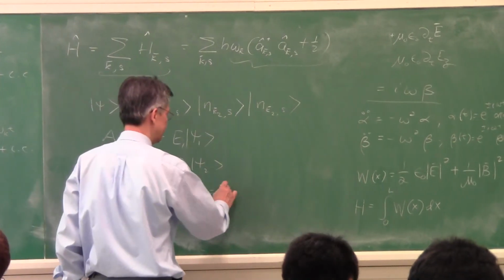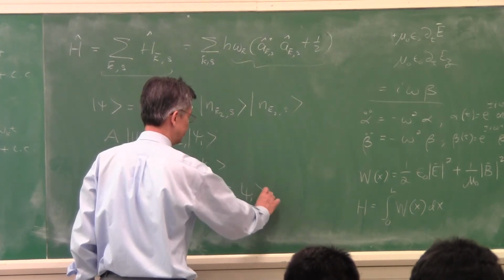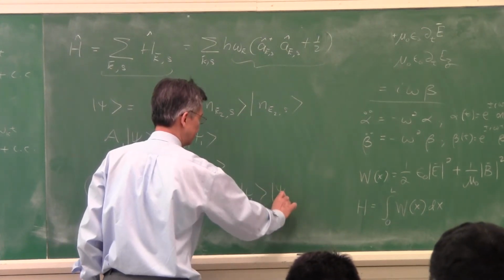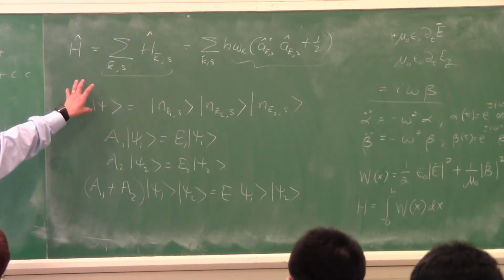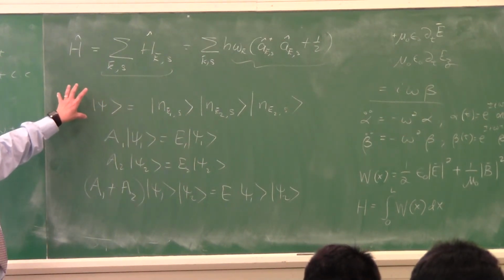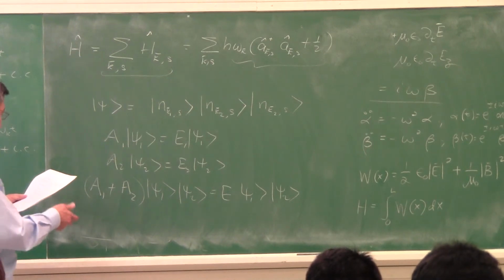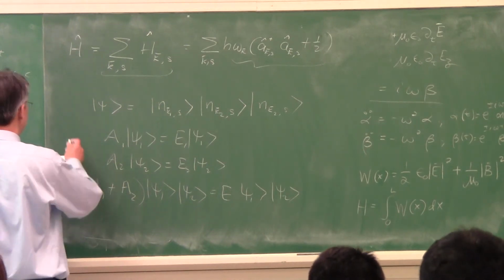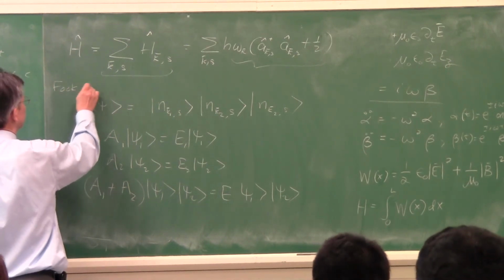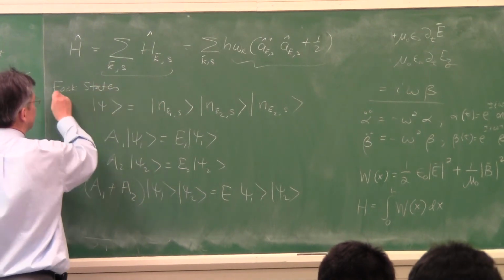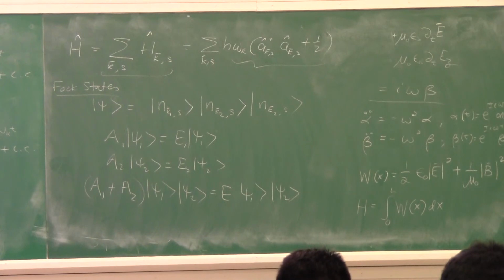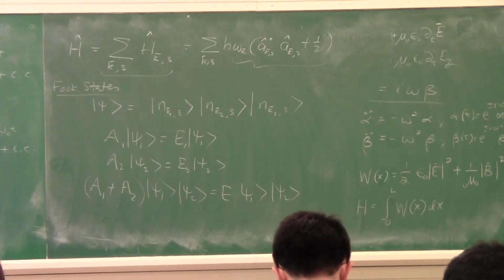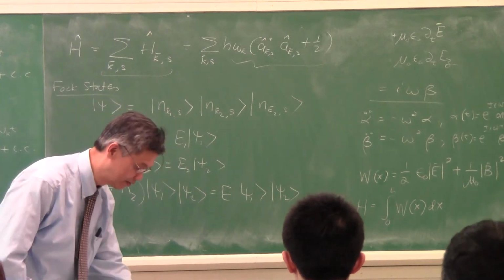Okay, it's maybe some new eigenvalue, psi 1, psi 2. Okay, something like that. So you have to take products of these eigenstates to form a new state, and those are called the Fock states. Okay, these are called the Fock states. And I'll talk about this more in the next lecture. And then we continue next time since I'm running out of time.